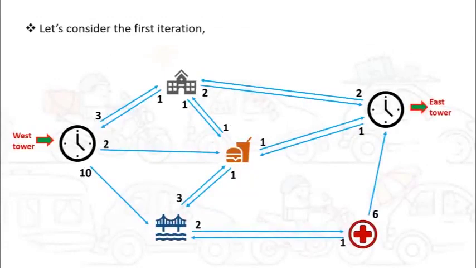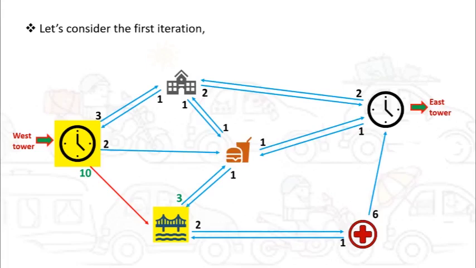Let's see the first iteration of the maximal flow algorithm. Here we select a path from the west clock tower to the east clock tower while identifying the maximal flow of cars. Let's start from the west clock tower, and we can see that there is a maximal flow of cars from the clock tower to the bridge. Then we select that road and reach the bridge. Again we consider which road has the maximal flow, and we see 3 is the maximum.